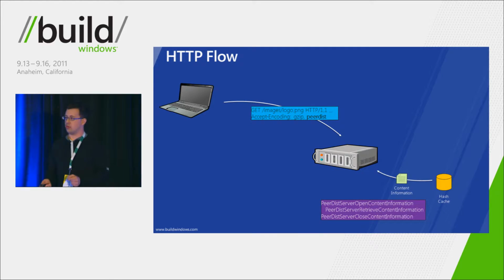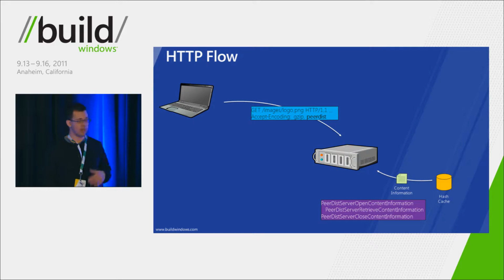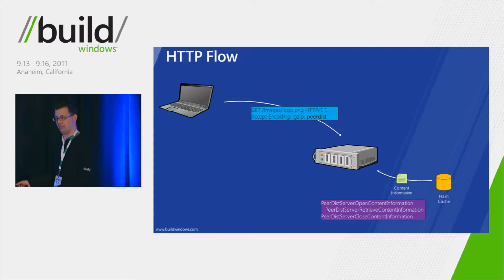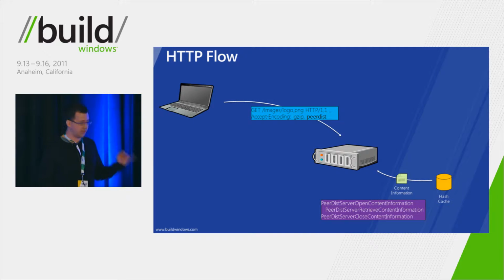So when you're retrieving content out of the hash cache, you're going to retrieve it using the key that we just referred to as the content ID. That content ID is just a byte array. It can be in any format you want. In the case of HTTP, we're just going to use the URL as our lookup into that cache. That can just as easily be a file path or anything else that makes sense in the context of your protocol.